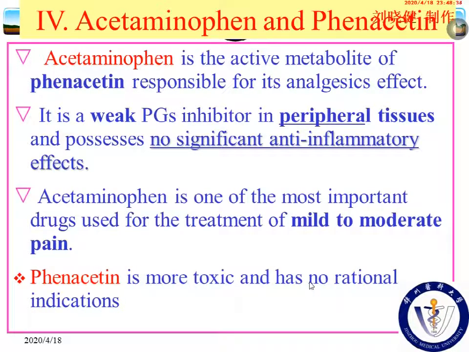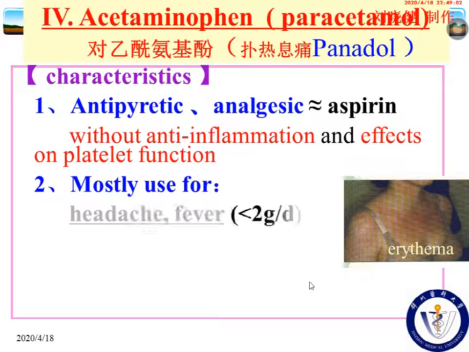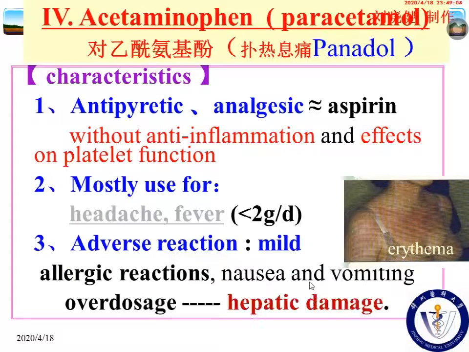Acetaminophen is one of the most important drugs used for the treatment of mild to moderate pain. Pain and fever are very common symptoms of many diseases. It is very commonly used in our daily life. Phenacetin is more toxic and has no rational indications. But acetaminophen, in the treatment of pain and fever, is more popular than aspirin.